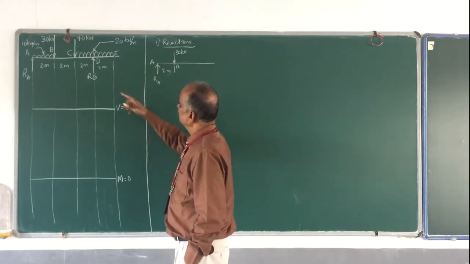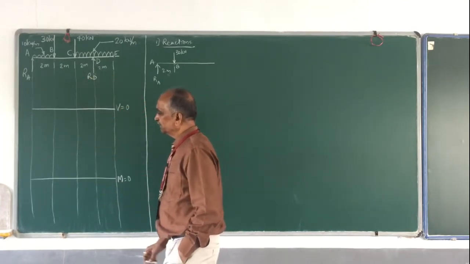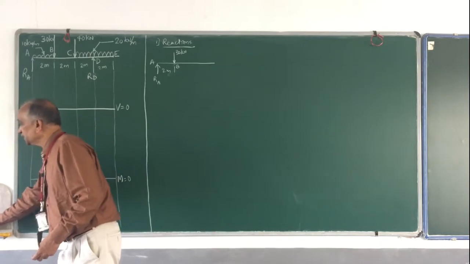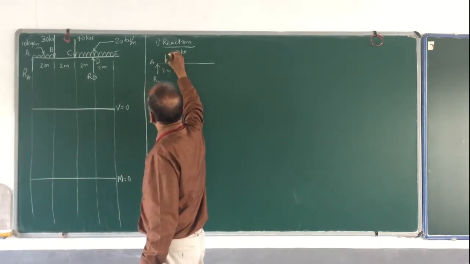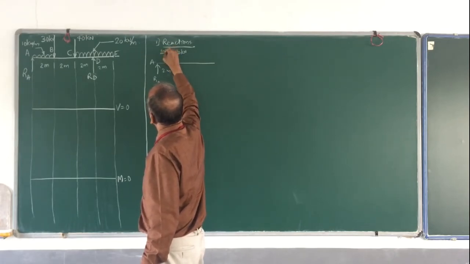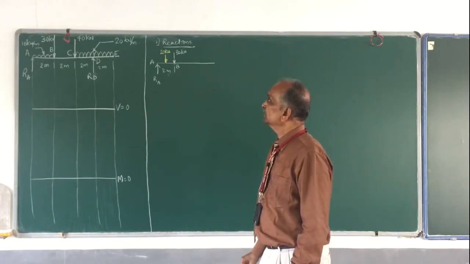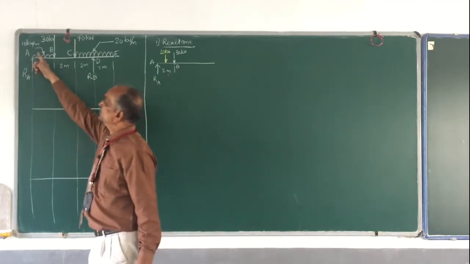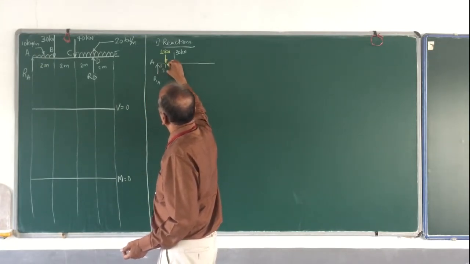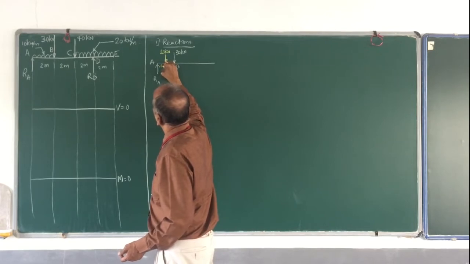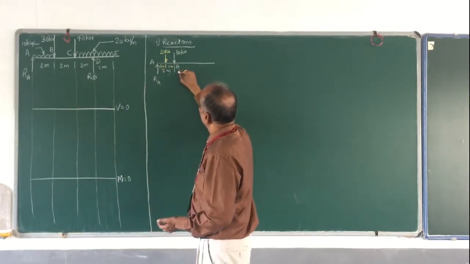So how much is the load? 10 multiplied by the length, 10 kilonewton per meter multiplied by 2 meters, that is 20 kilonewton. 20 kilonewton is acting at the center of this. This is the equivalent point load replacing this UDL. So what is this distance? From here to here is 1 meter, and this distance is also 1 meter. Then proceed further, then you have another 2 meters.